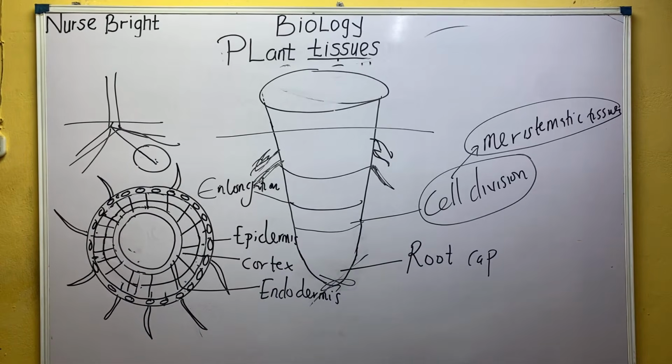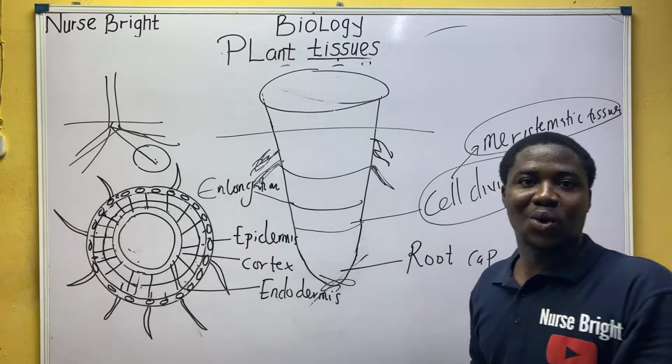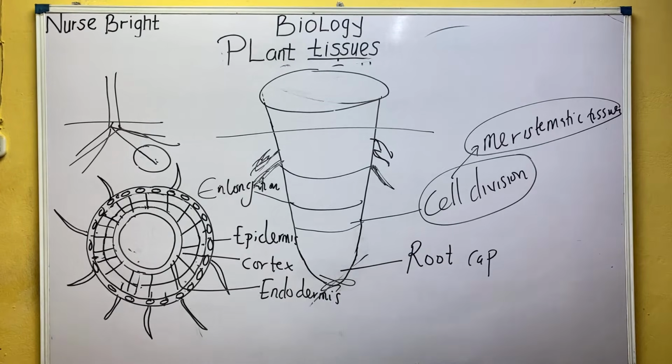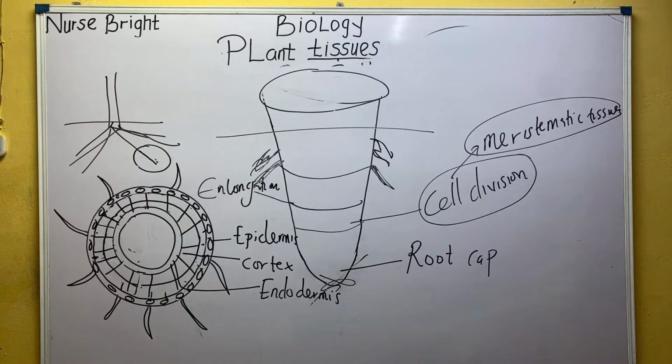Specifically, the vascular tissue we have there is called cambium. Remember, the cambium is a meristematic tissue. Do you understand?